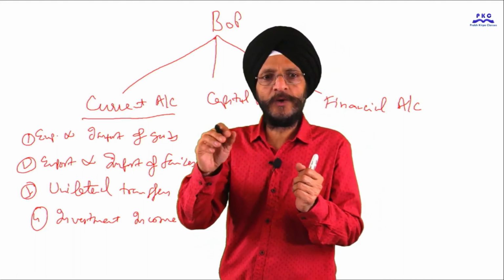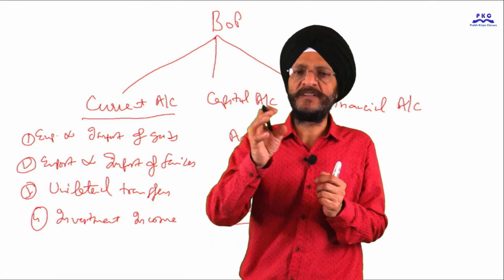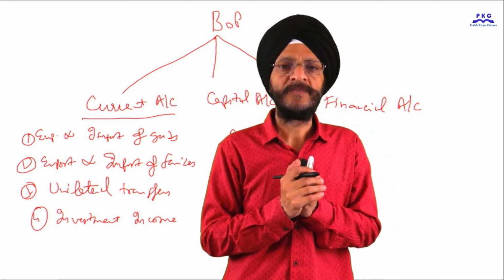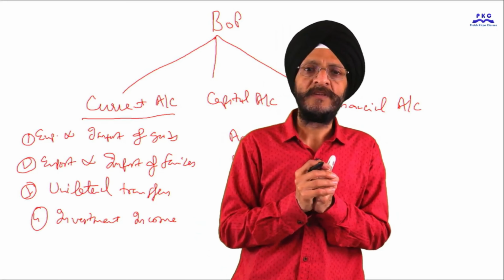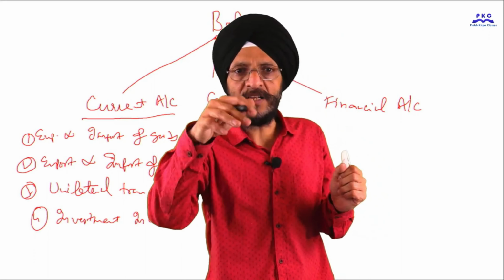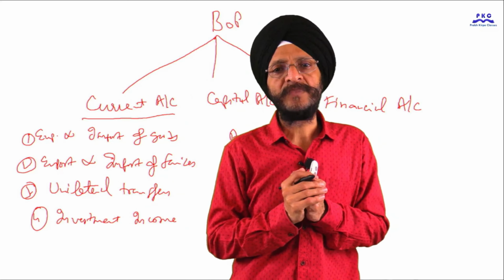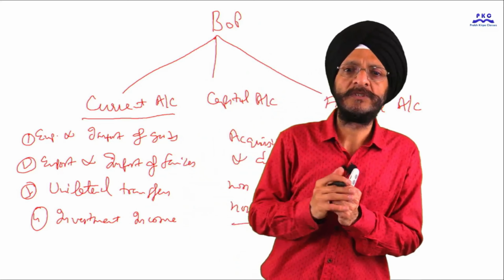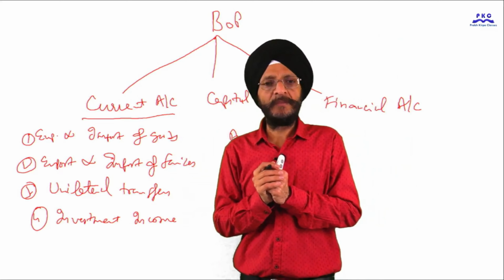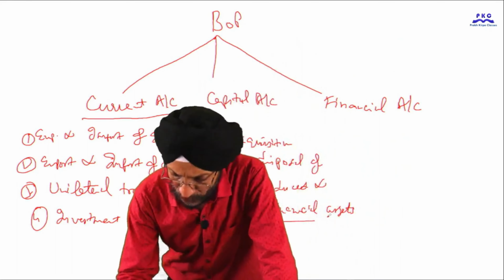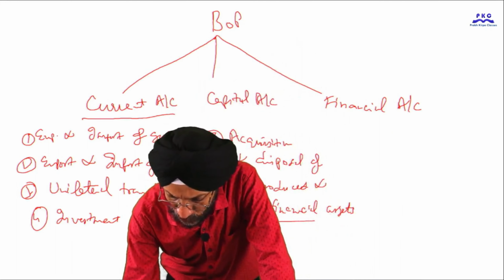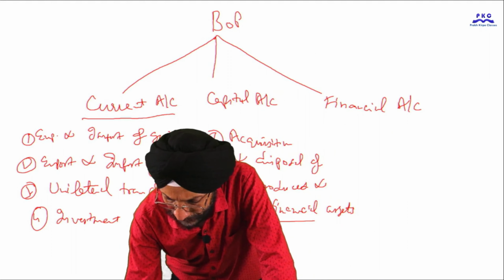We also take into consideration in capital account fishing rights, mining rights, other natural resources, and intellectual properties such as trademarks, logos, and domain names. In the case of capital account, we also record transactions pertaining to capital transfers.